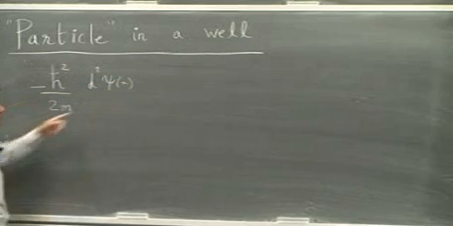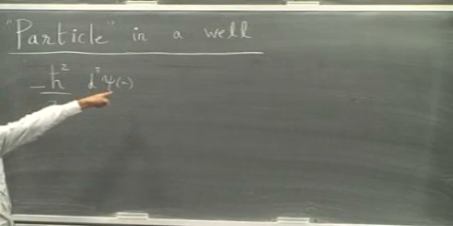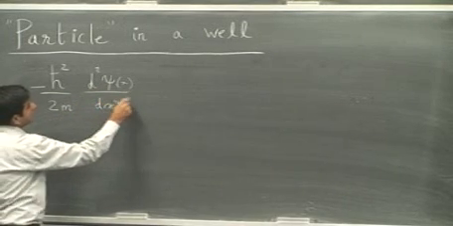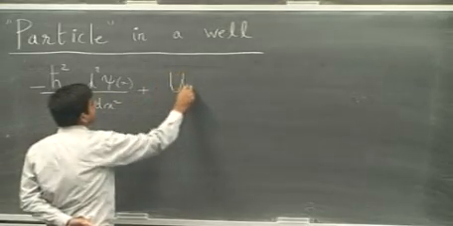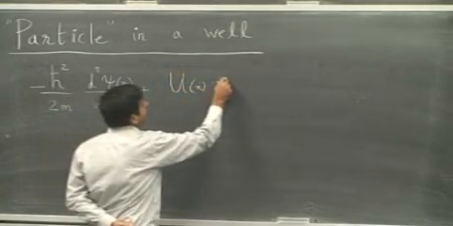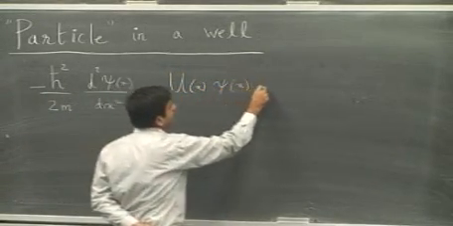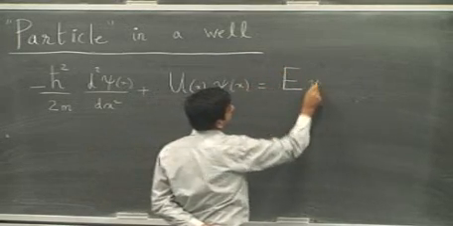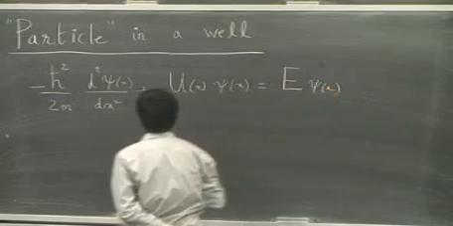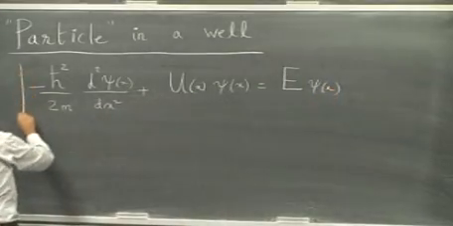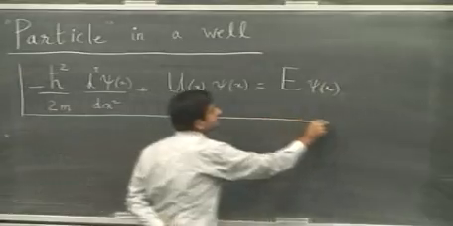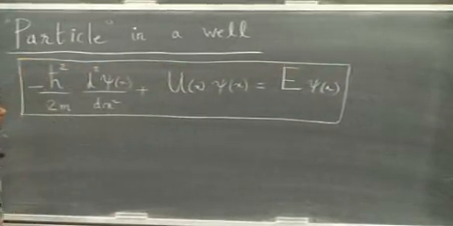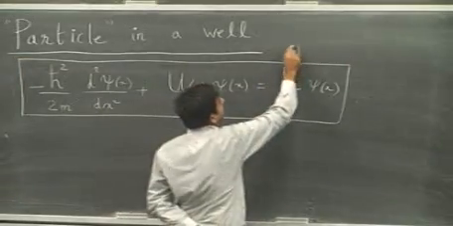Now this is a function only of x because we're talking about the time independent Schrodinger equation, plus some potential energy U of x times psi of x equals the total energy of the particle times psi of x. Alright, so this is the TISE.